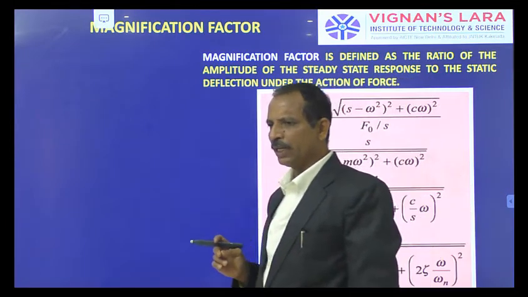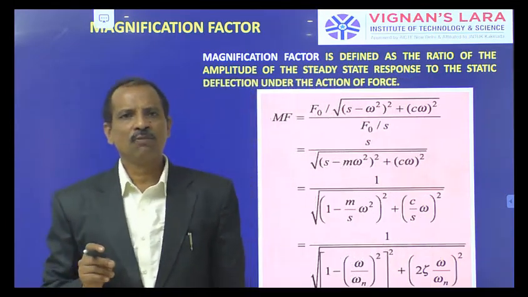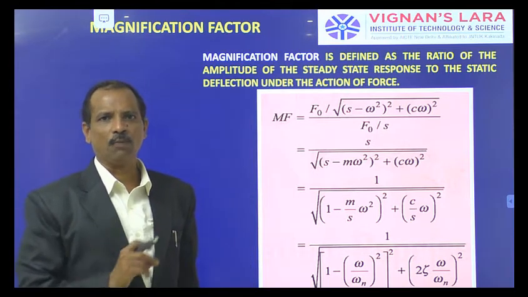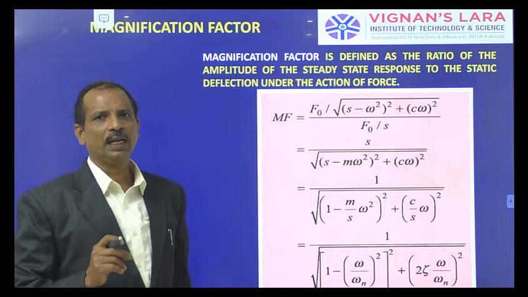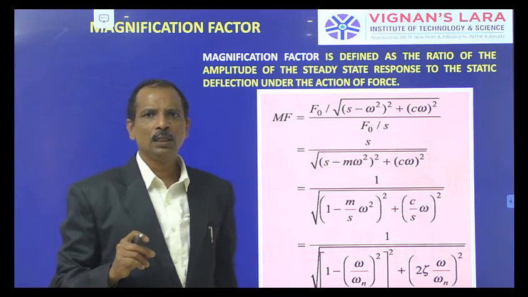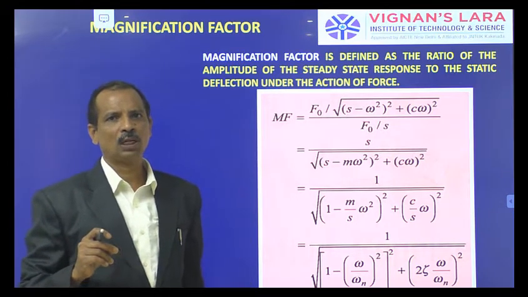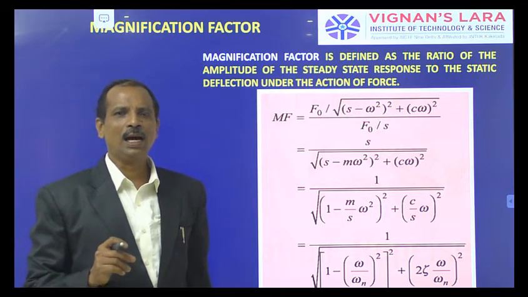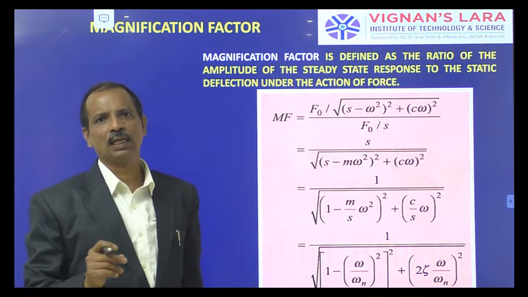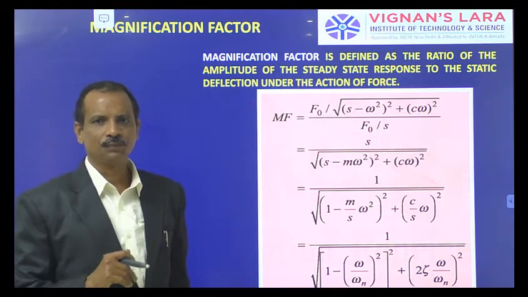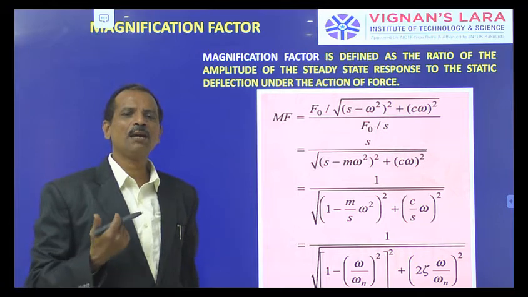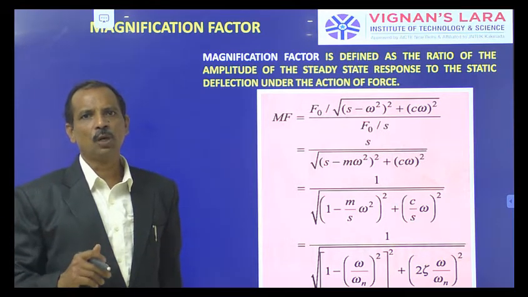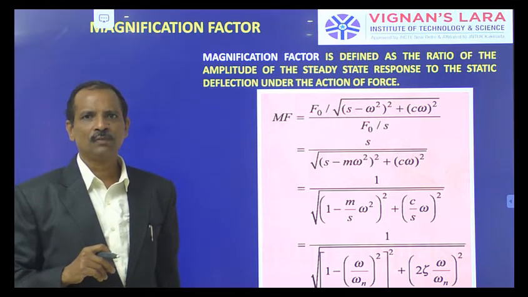Let us take a simple example. A force of 100 Newton is applied on a body without any dynamic action. Then you get some amount of deflection or deformation in the member. Suppose the same force, instead of being applied statically, is applied dynamically.